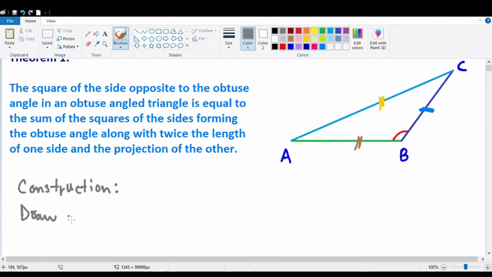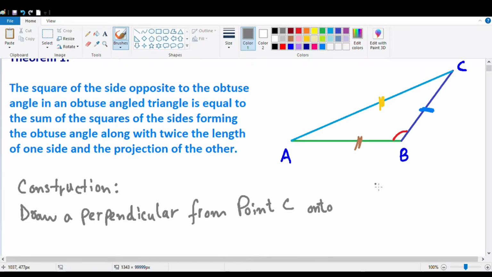We're going to draw a perpendicular from point C onto AB, touching AB at a point called D.